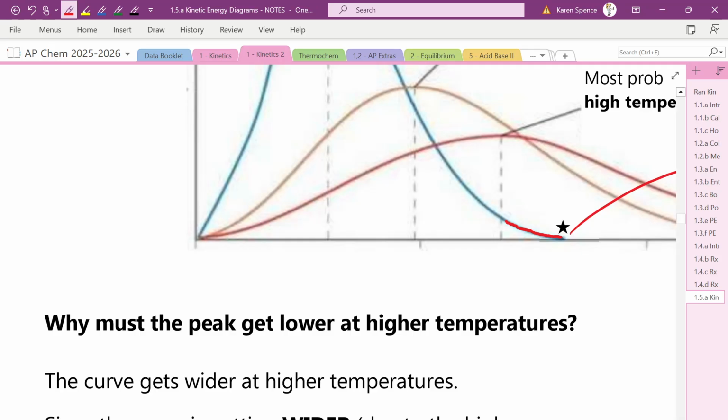Why doesn't it all move over? Because there's always going to be molecules that are close to 0 speed. So you'll just have fewer of them.